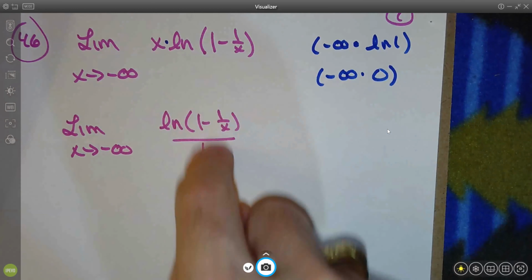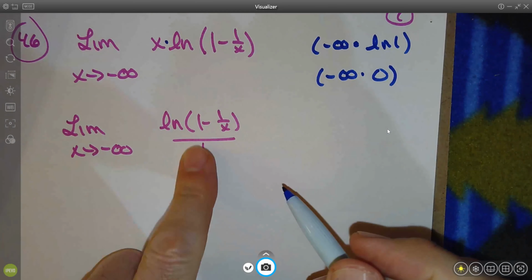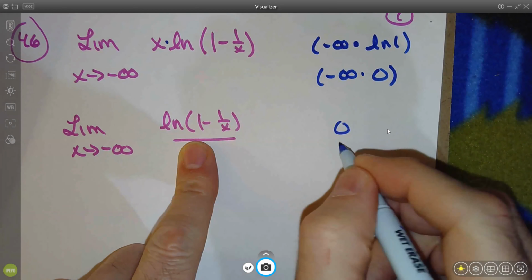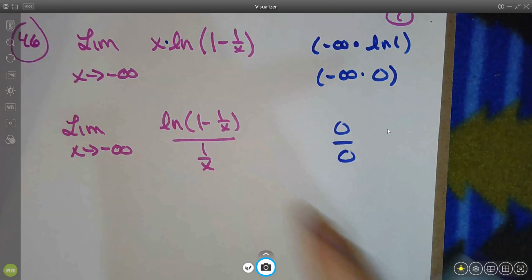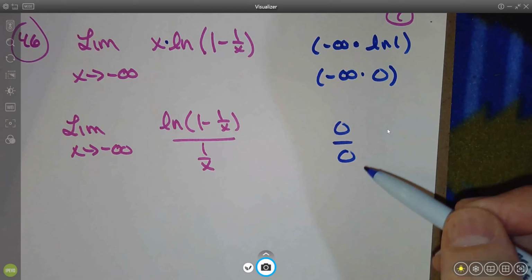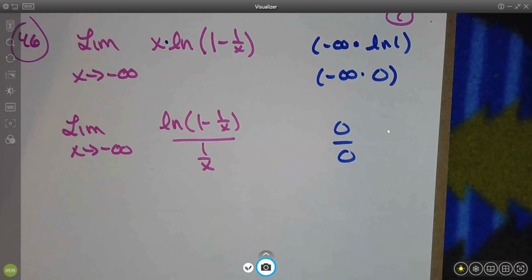So these two things are equivalent, but rewriting it like this, now as I approach infinity, I'll have a 0 here and a 0 here. Actually, as I approach negative infinity, but it still means the same thing for us. Both of those are going towards 0. So I can use L'Hopital's rule now.